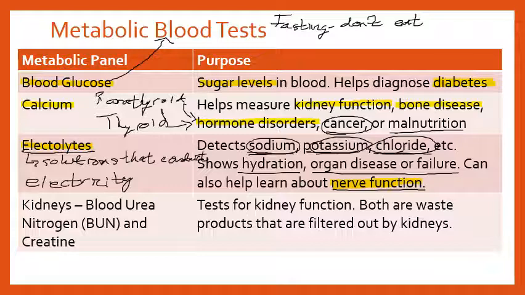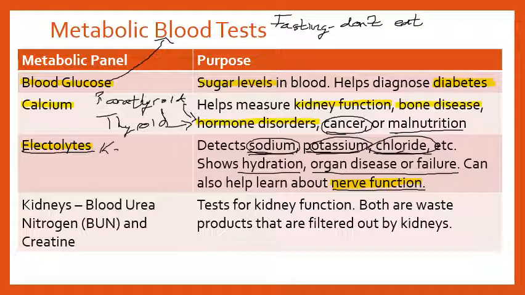And so one thing they end up doing is they look for things like hyper or hypokalemia. So emia is presence in blood. Kal refers to potassium.